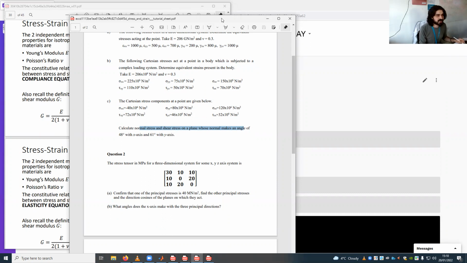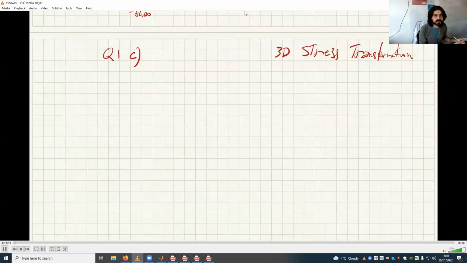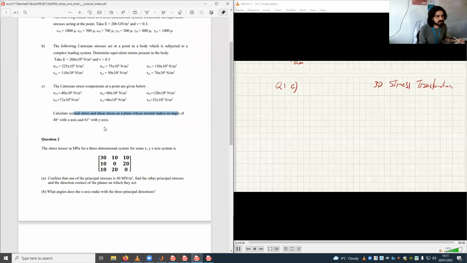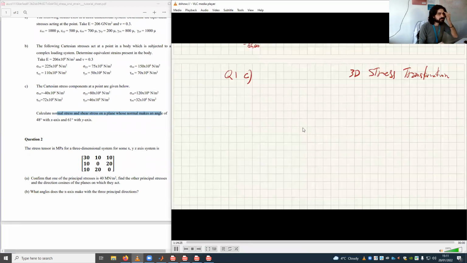Question 1c. Bear with me a bit because I have to copy all these numbers in. I'll copy this already in a matrix. That matrix is the stress state. So the matrix sigma, remember, has sigma x, y, and z on the diagonals.